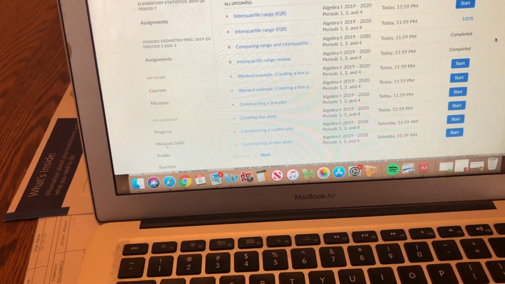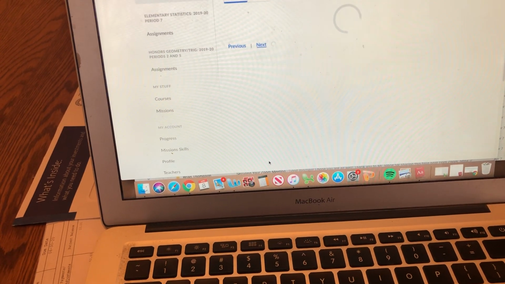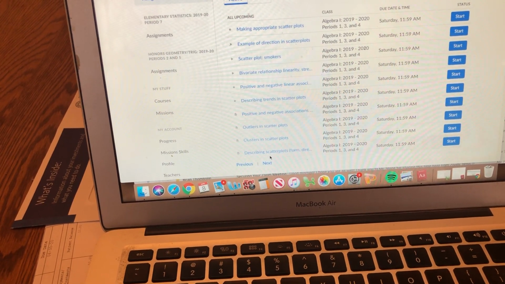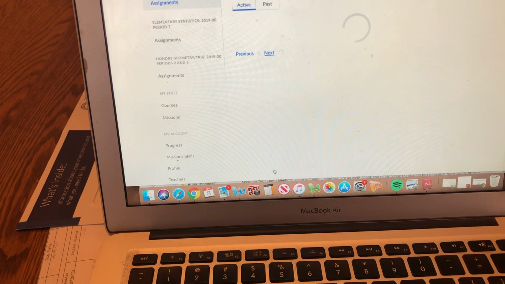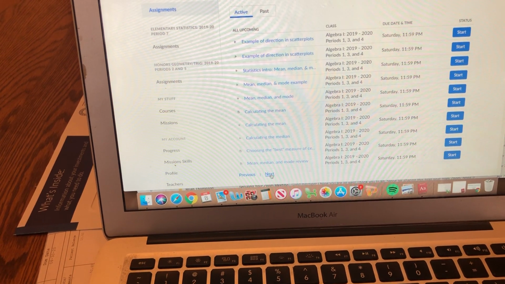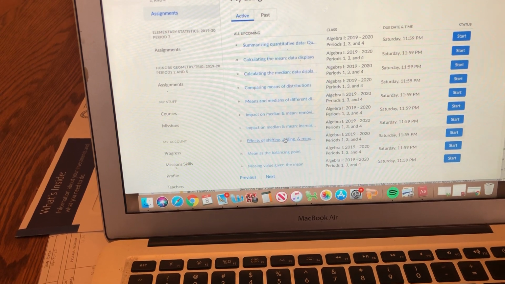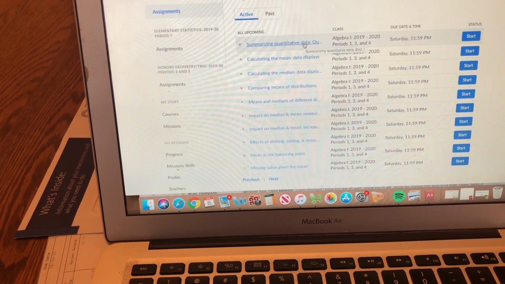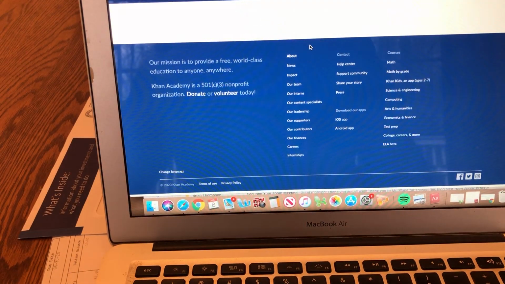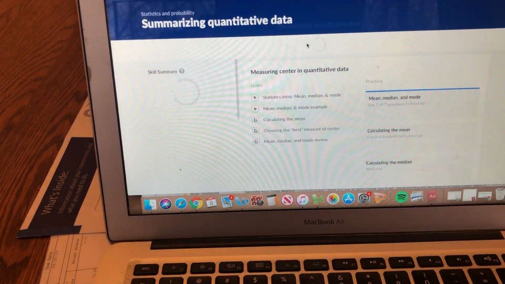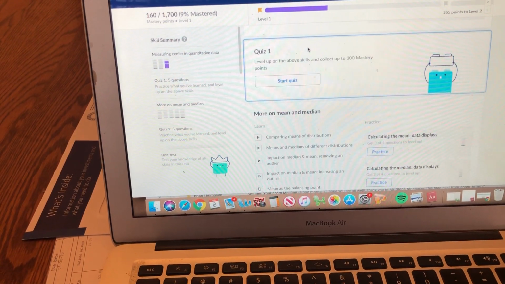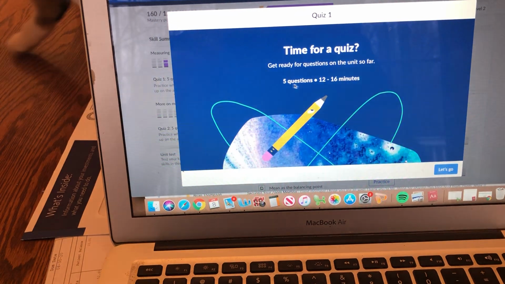So there's only one other piece to all this puzzle, and there are quizzes in here. Let's see if I can find one of the quizzes. There's one of the quizzes. And it's saying it's 5 questions.